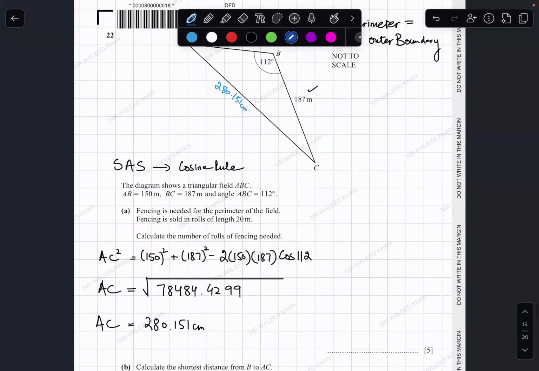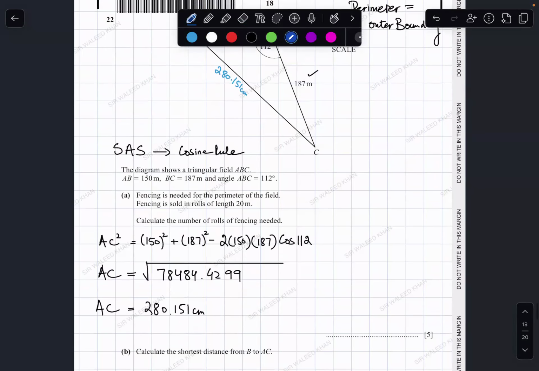The perimeter will be, the perimeter is the sum of all these sides. So we have 150 plus 187 plus 280.15.